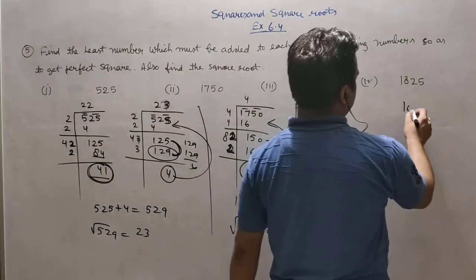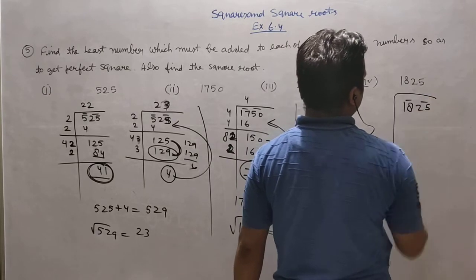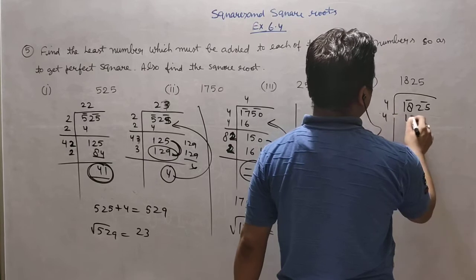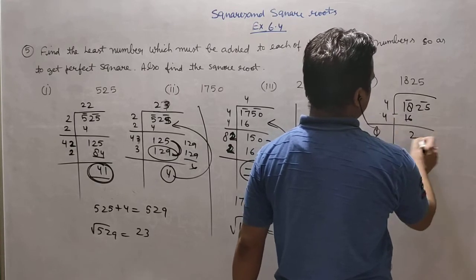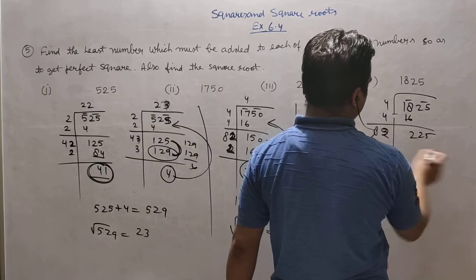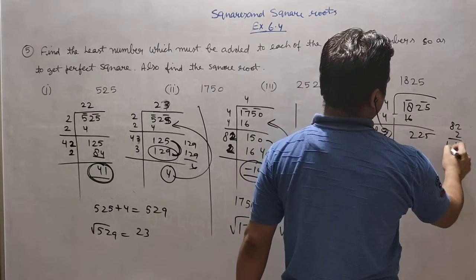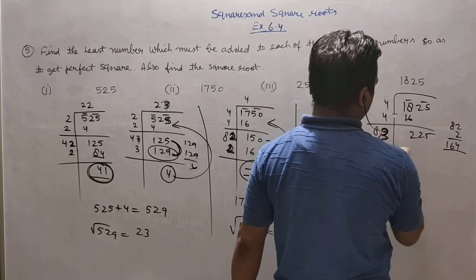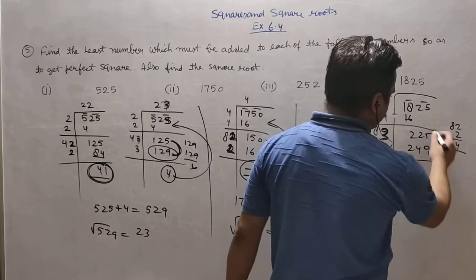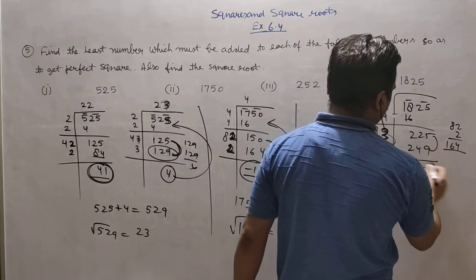Suppose it is 1825. Again 4, 16, 8, it is 225. So how much? 3. If I put here 2, I will get here, see, 64. So what I have to do? 3 3 is 9, 3 8 is 24. How much extra? It is 24 extra.